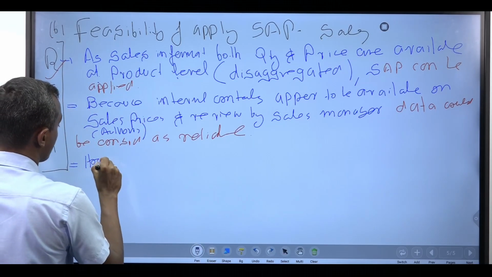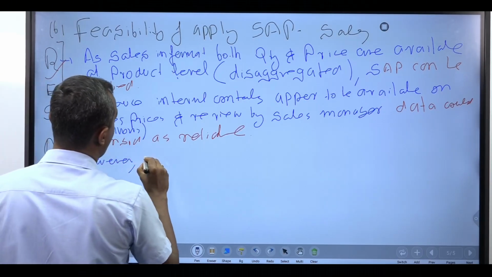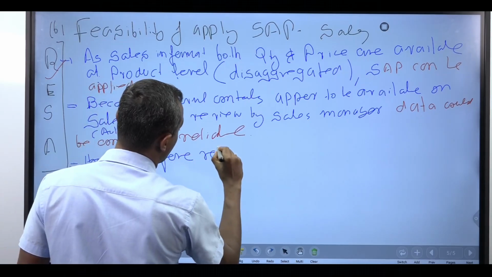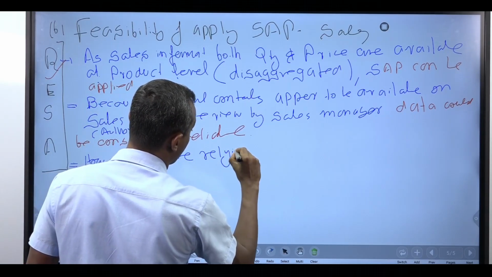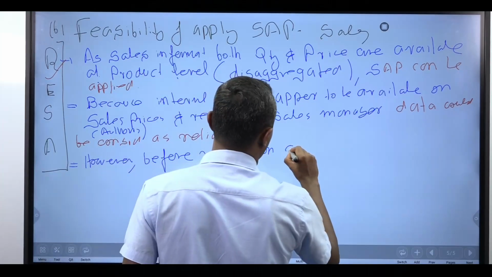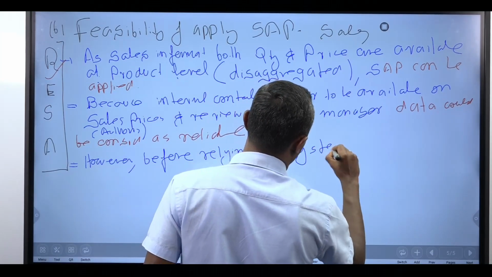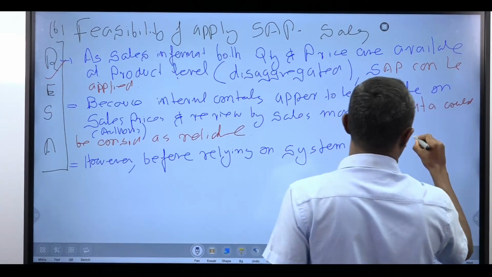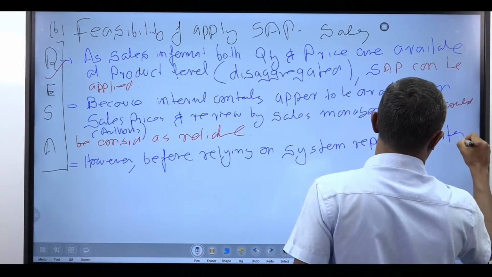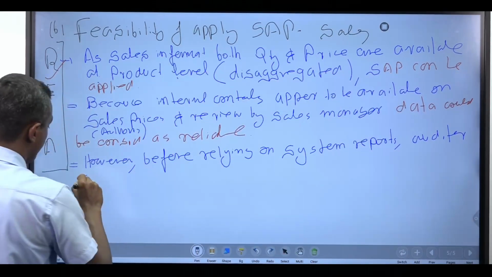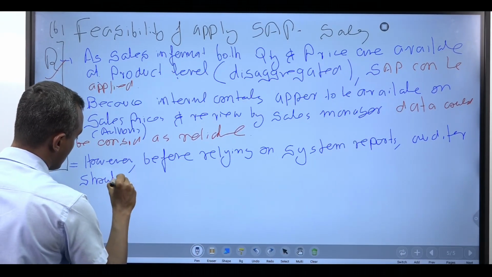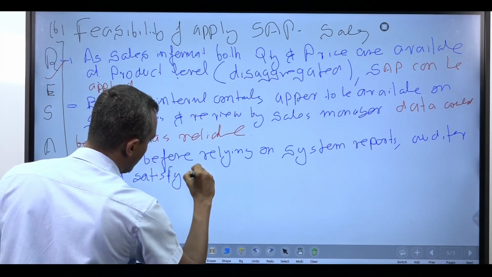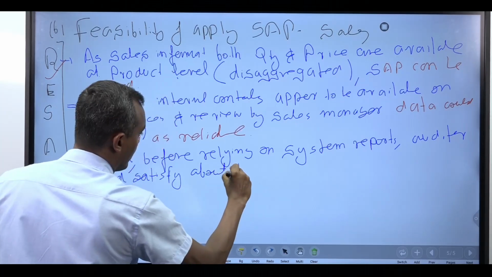However, before relying on or using system reports, the golden rule, remember? The auditor should satisfy themselves about the effectiveness of ITGC.